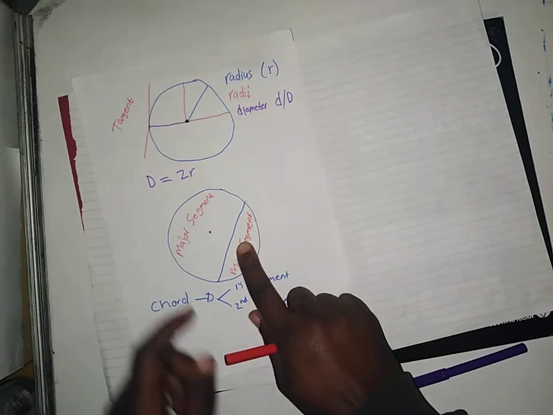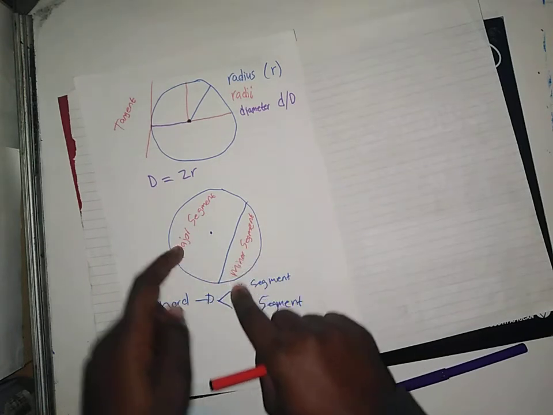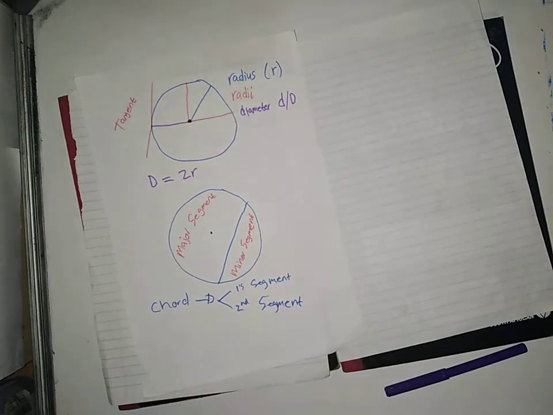Because this is the segment that you are in, and then this one will be the other one. And when you are standing here, this will be the segment that you are standing in, and this will be the other one. You will see these kinds of things when we speak about the theorem called the Tan-Chord theorem. But don't worry about that. We'll get to it when time allows.